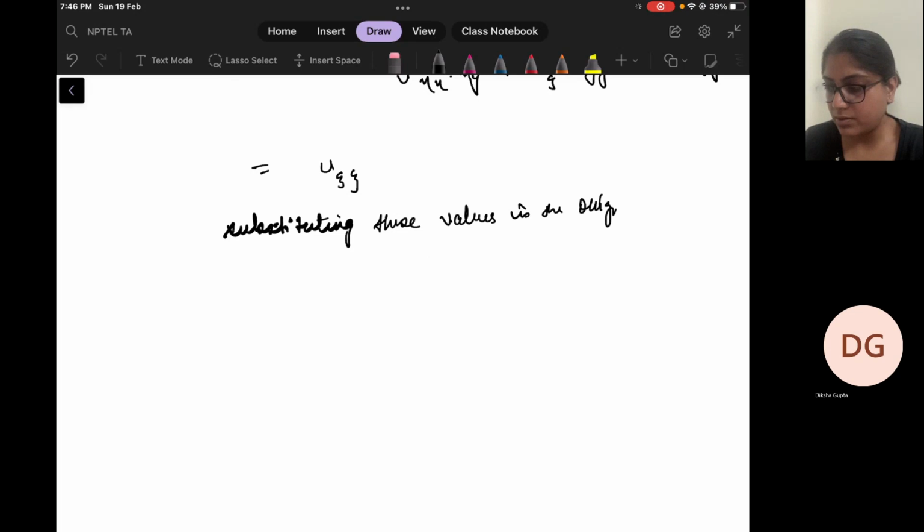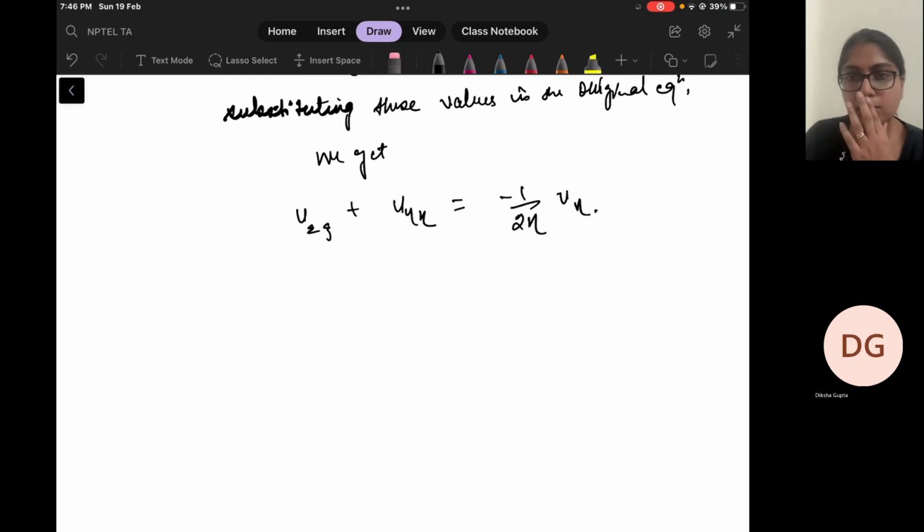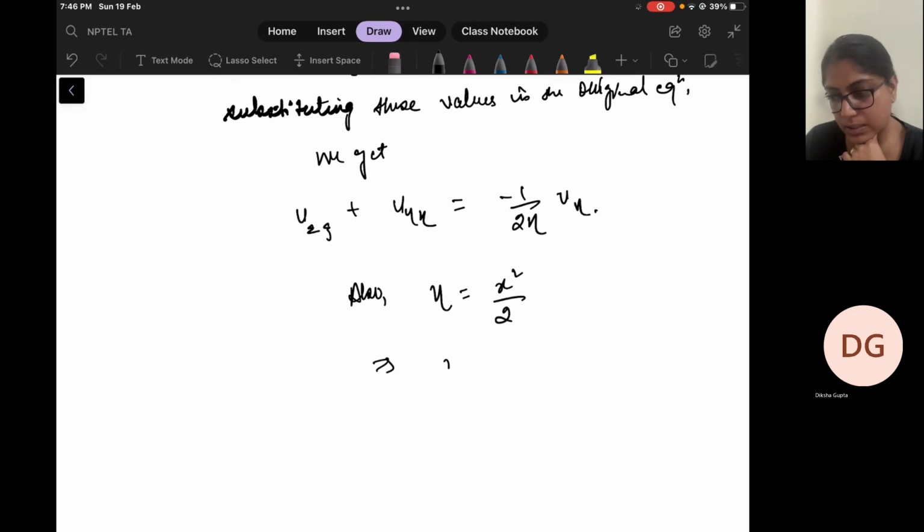So substituting into the original equation, we get u epsilon epsilon plus u eta eta is equal to minus 1 by 2 eta u eta. Now also we have taken eta to be x squared by 2, which implies x squared is equal to 2 eta.